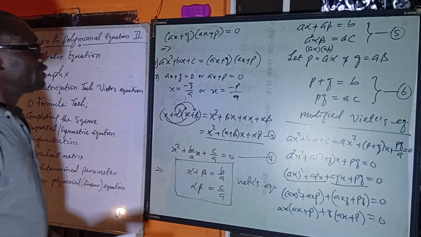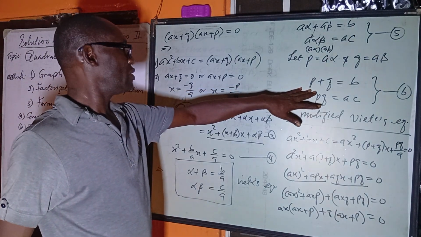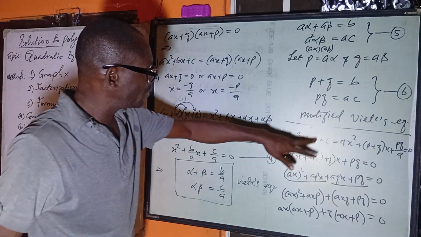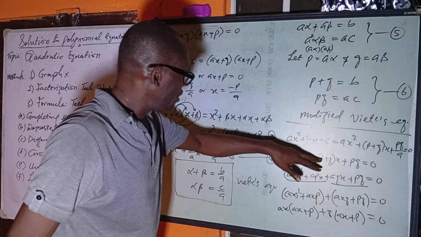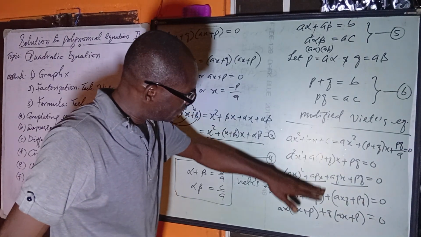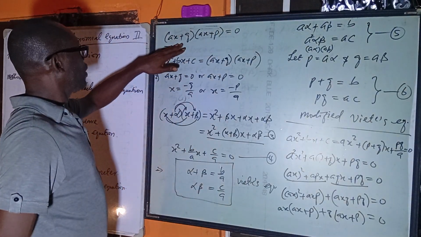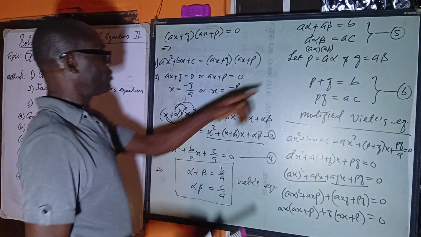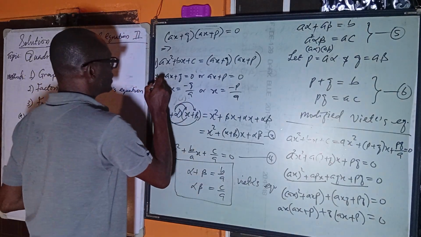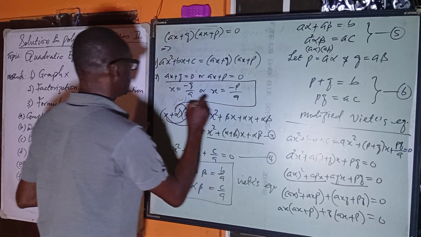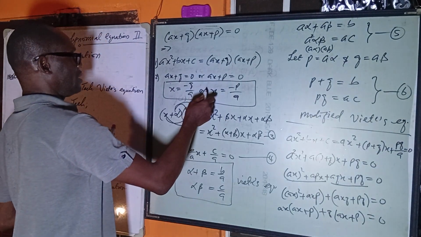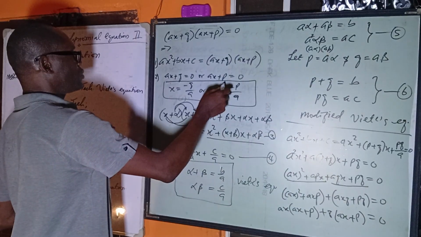The implication in factorization is that once you get the numbers p and q, you may not necessarily need to substitute them into the quadratic equation and go through the whole process of factorization. Once you get p and q, it is already established that x equals minus q over a, and x equals minus p over a.